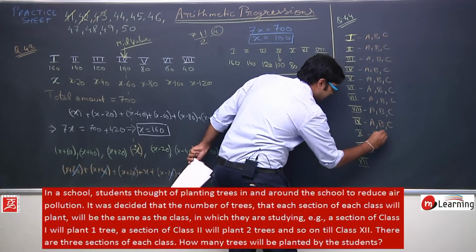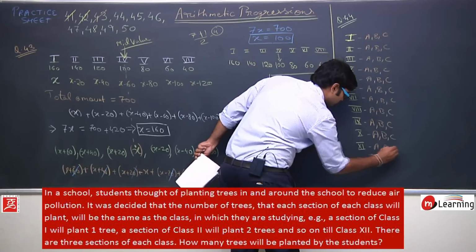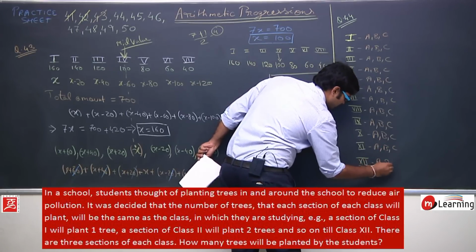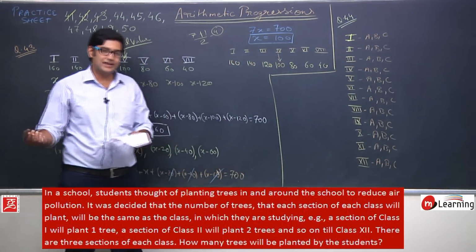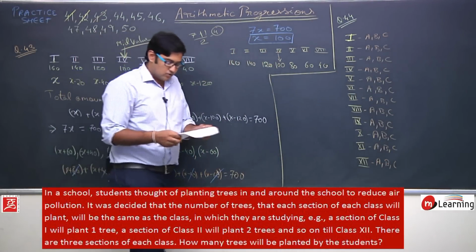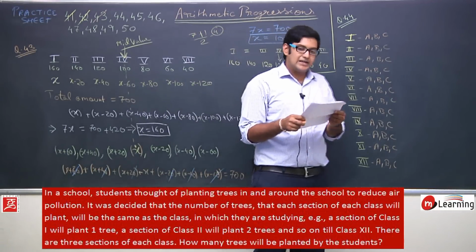Like this, we have 3 sections for each class. We have 12 classes. Now, what we need to calculate is how many trees will be planted by the students.